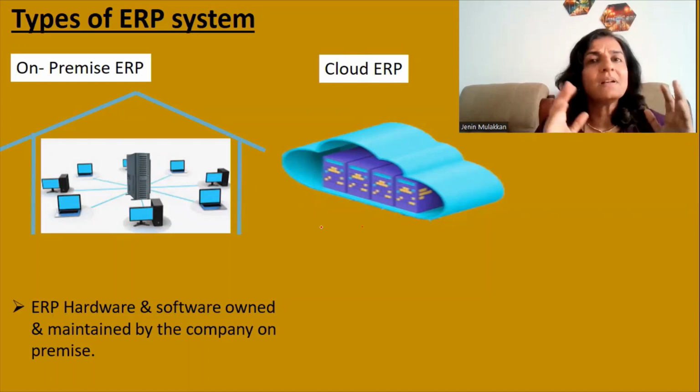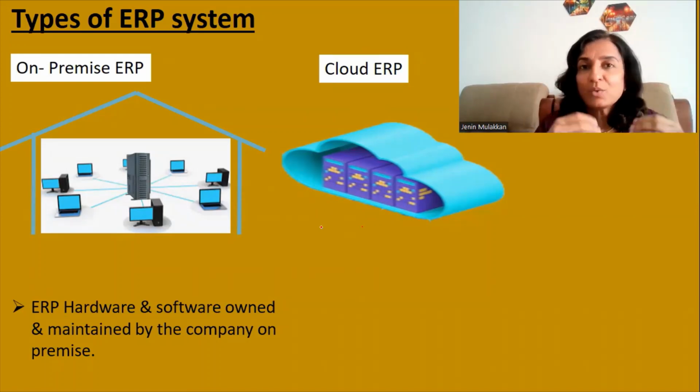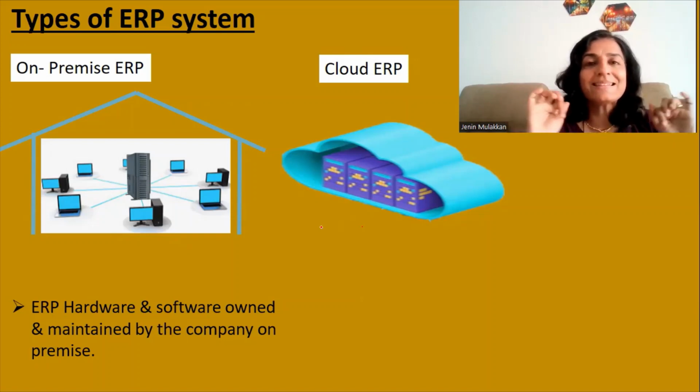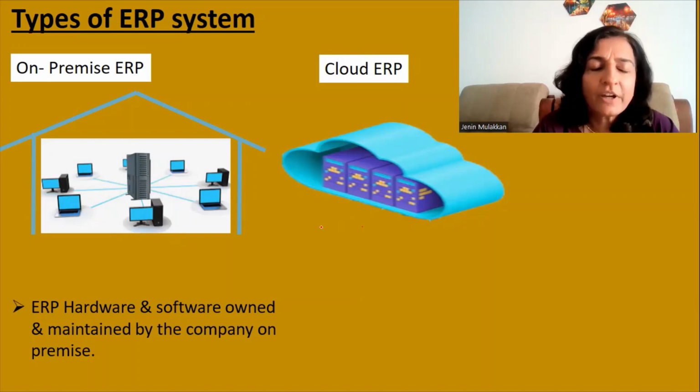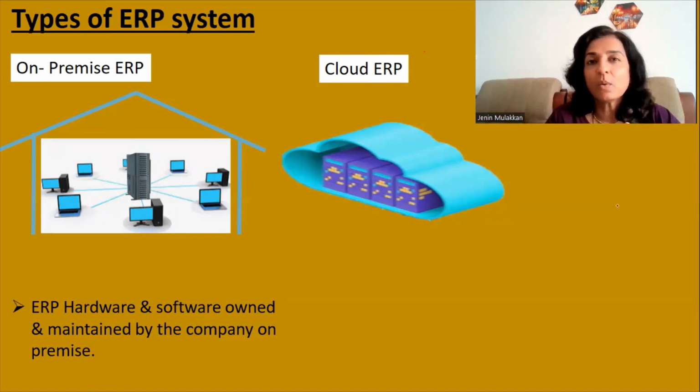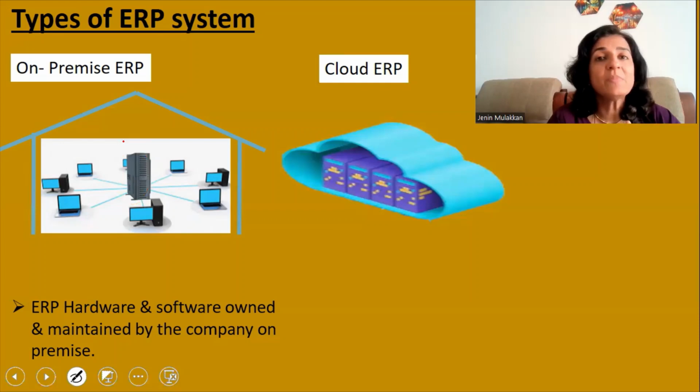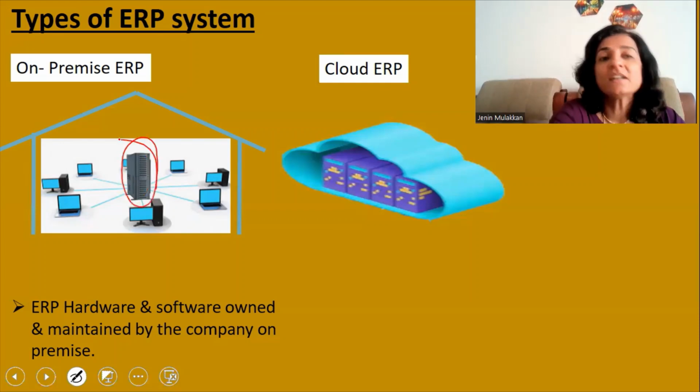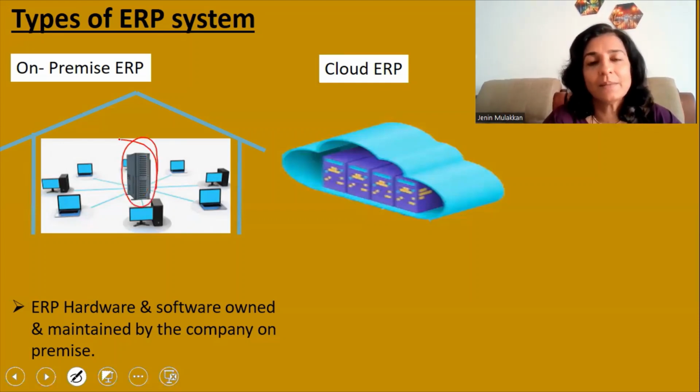A server is nothing but a very powerful computer that receives, stores, and sends information to the various connected laptops or devices. So basically, it's a storehouse of information. A server is generally required when something has to be shared between the employees. If the company has only one employee, then no server is required. So basically, in an on-premise ERP, local servers are present for the company.